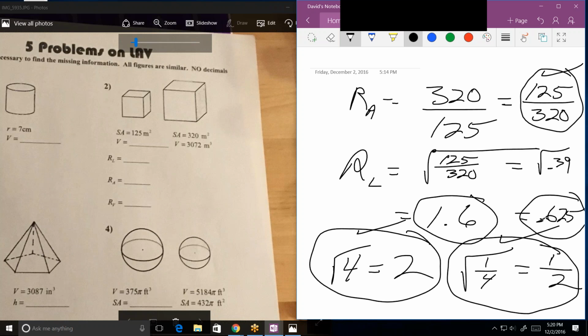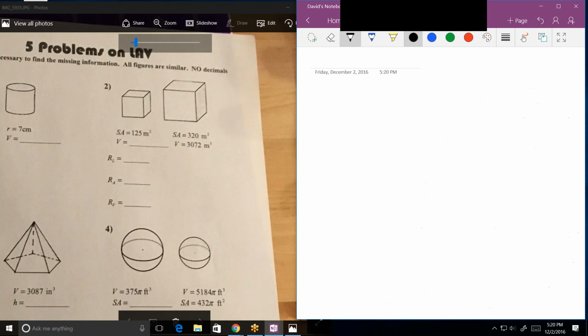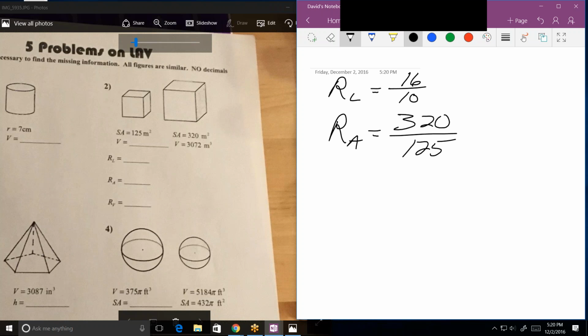Okay, so let me make sure we get back to where we started from here. Our R sub A was little to big, 320 to 125. Our R sub L, you said, was 1.6. Okay, that's 16 to 10. What's R sub V relative to these two?